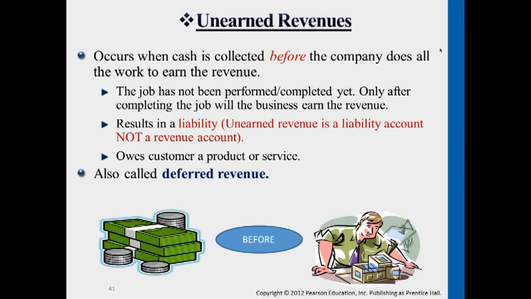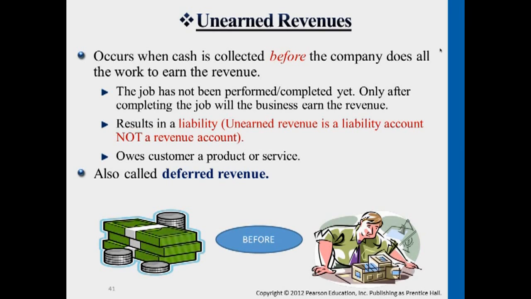So they have the cash already, but they haven't provided the services and goods. So later on, when it reaches the end of the month, we want to represent the part of the service that we readily provided. Okay, so this is the opposite of accrued revenues. We collected cash up front now, but then later on, when we provide the services, we want to turn that liability into actual service revenue.